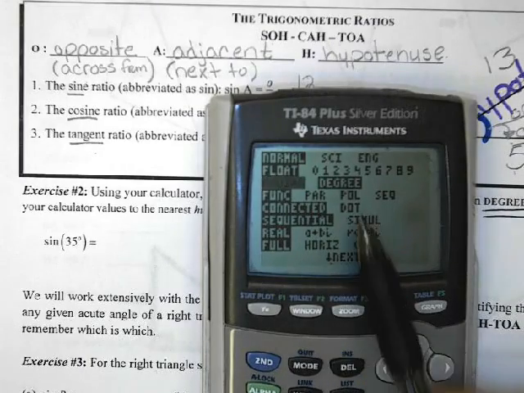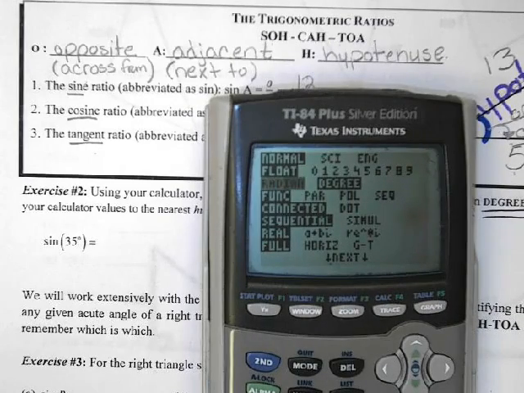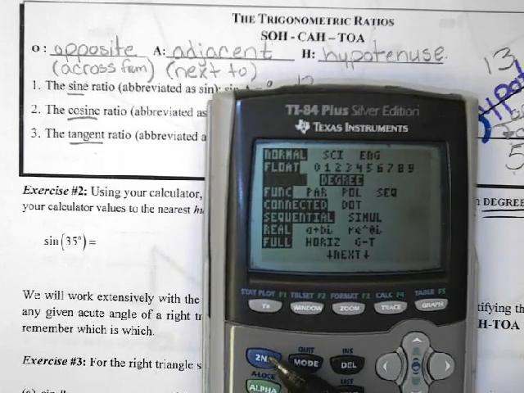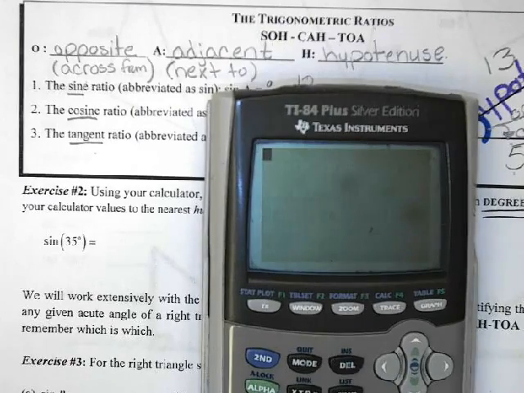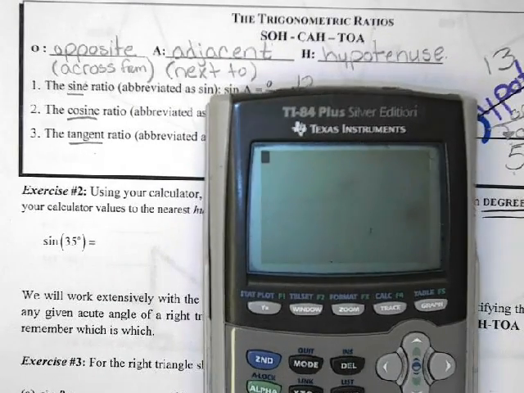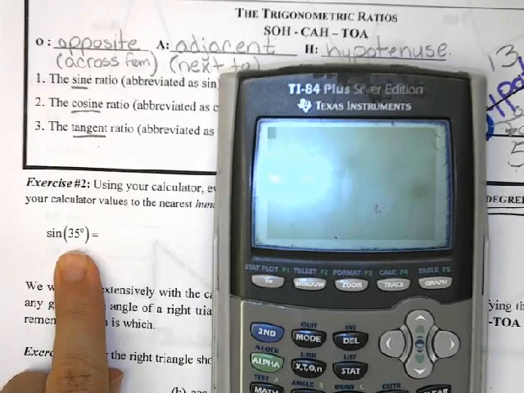That way, this is highlighted and not radians. Okay. So from there, to exit this screen, you just do second mode again, which has the word quit above it. So it quits out of that screen for you. Okay, you can do clear. That works too.